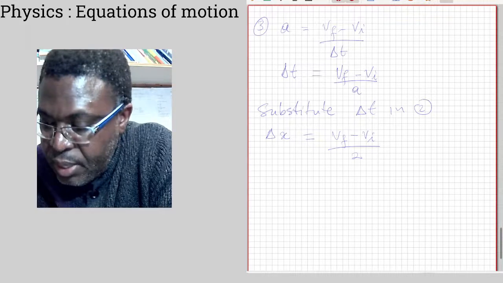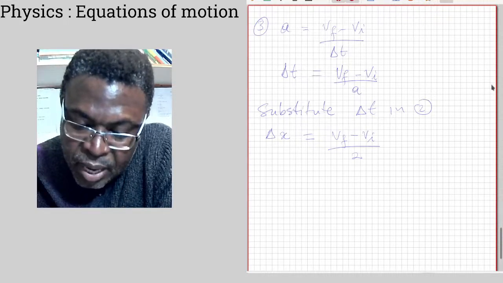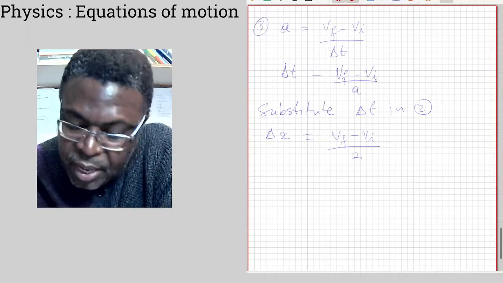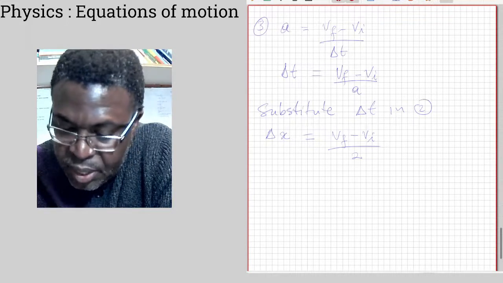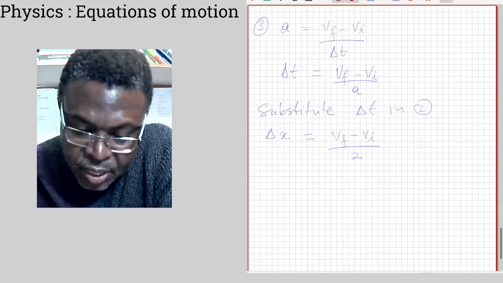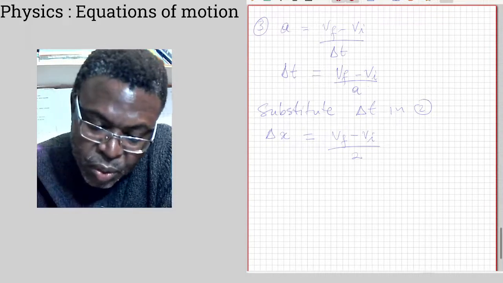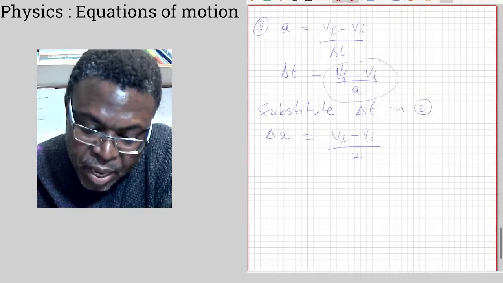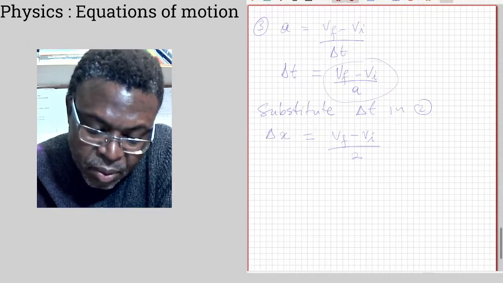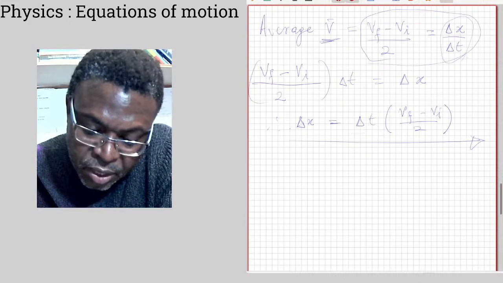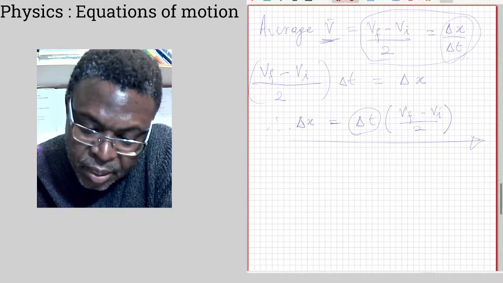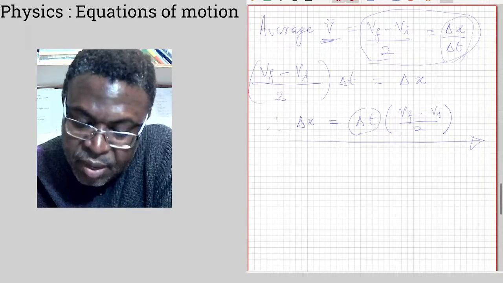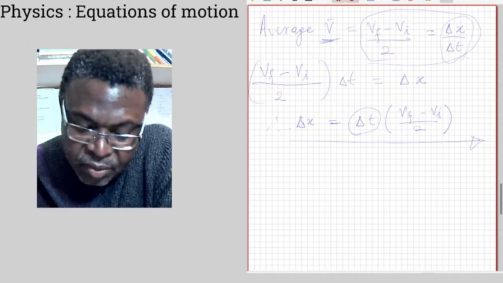Remember, we had multiplied this by change in t. So now our change in t is also this section here, instead of multiplying by change in t. Look, here is the change in t, and this is the component of Vf minus Vi over 2, the average velocity.